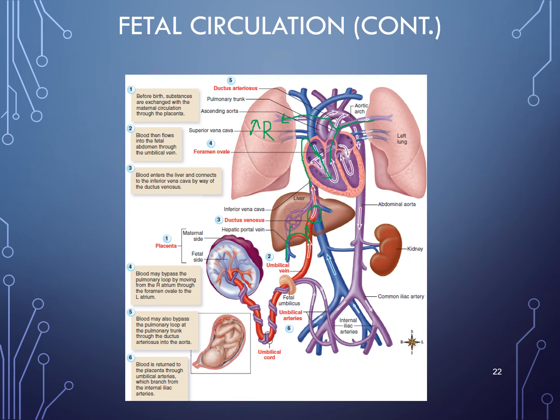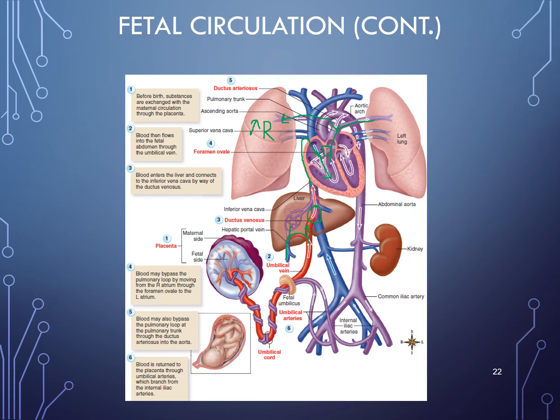That's going to back up into the right ventricle and into the right atrium. So there's a lot of pressure on the right side of the heart. That is where the foramen ovale comes in. The foramen ovale is an opening right here between the right and left atrium, and some blood is going to be shunted over that way and into the left atrium.